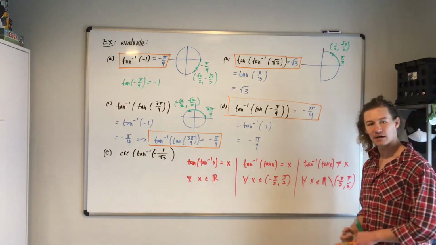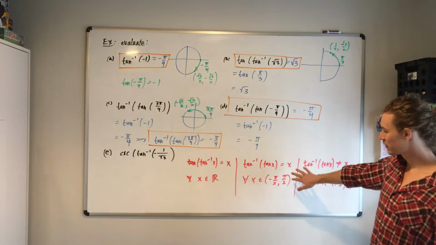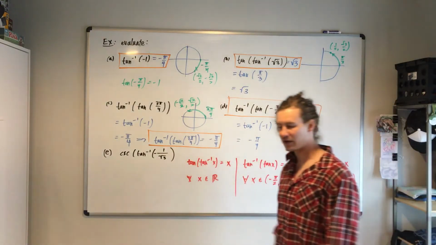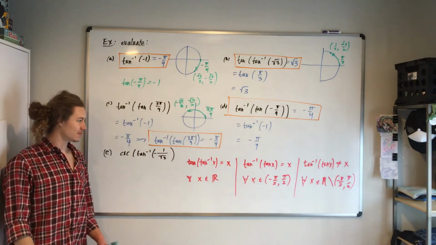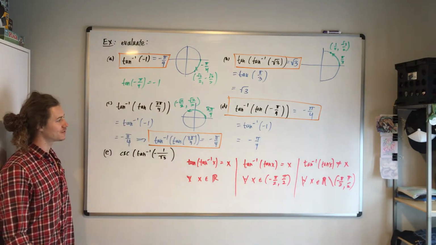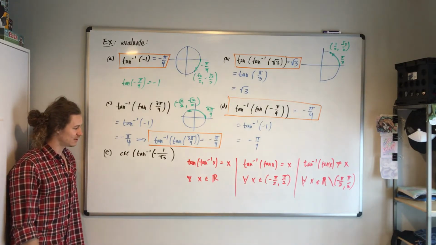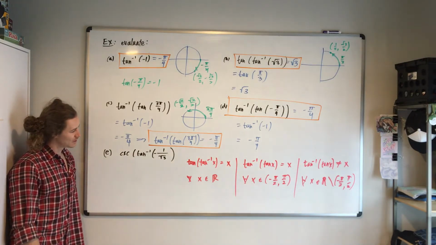All right, again, I would encourage you not to maybe memorize these theorems, but just to always evaluate step by step those compositions of trigonometric functions and inverse trigonometric functions. Let's go and look at E, cosecant of the inverse tangent of negative 1 over root 3.